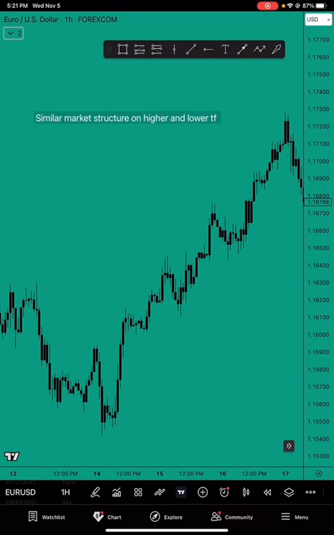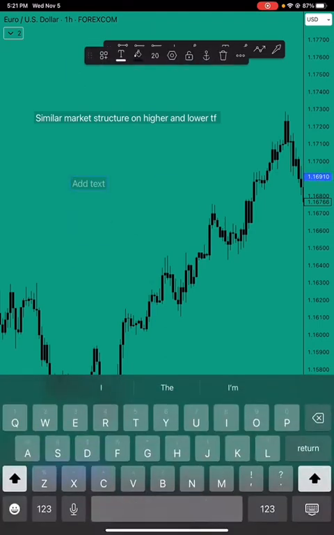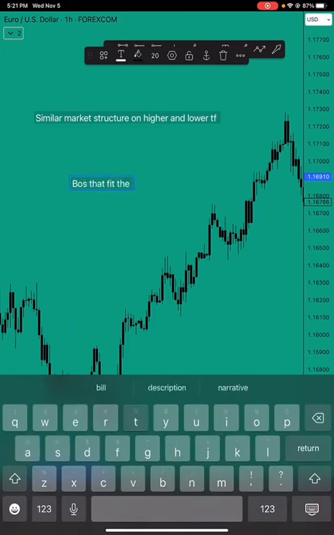You want to see similar market structure on the higher and the lower time frame. You buy in at breaks of structure that fit the trend of the market.